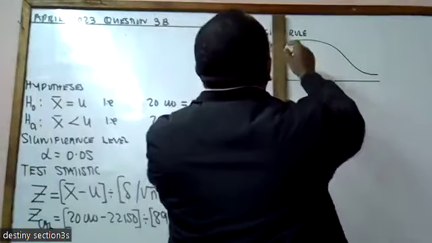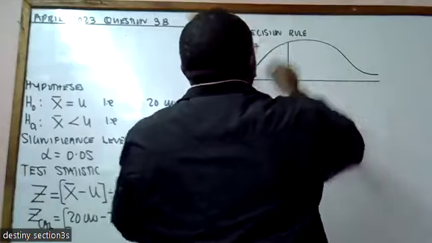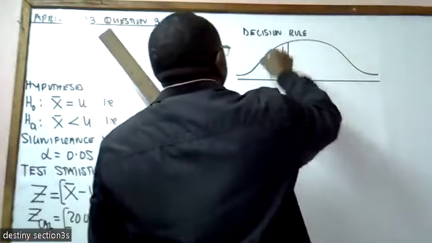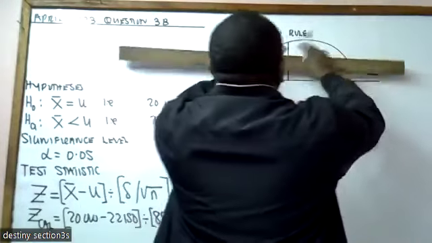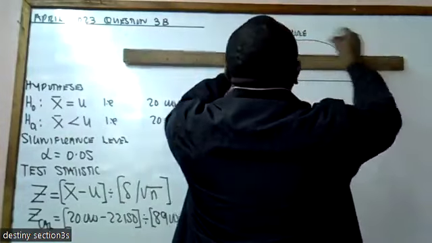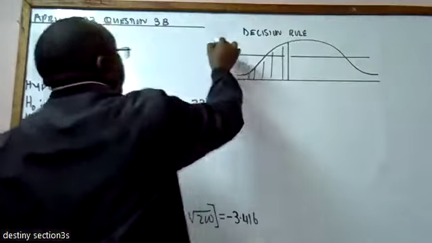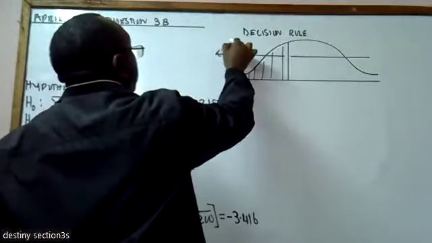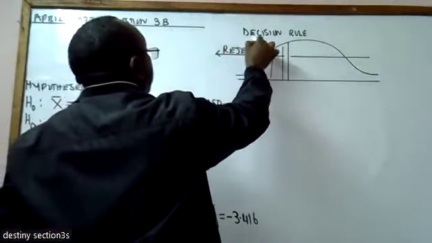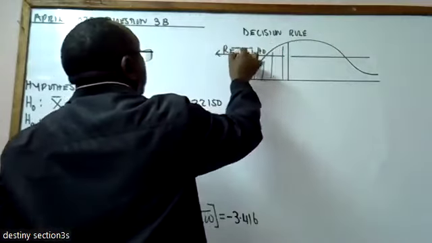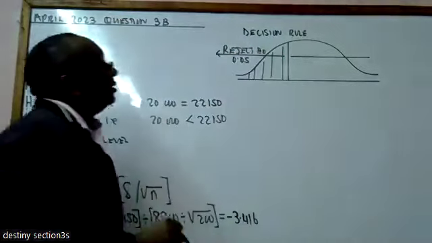Because you're looking for the less than, we are on this side. If we are here, we will reject null at 0.05.